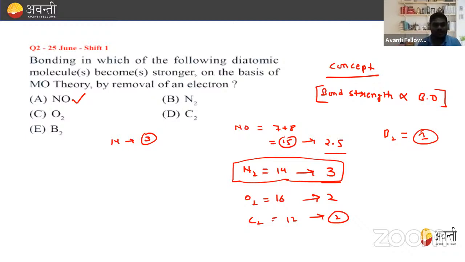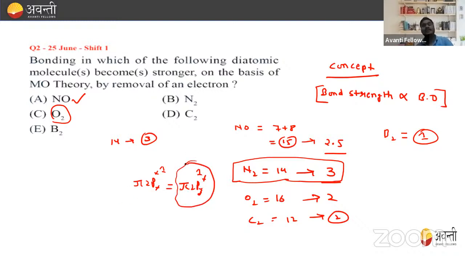Now NO and O2 have a valence electron in the pi star orbital. In O2, there is one electron in pi 2px star and one in pi 2py star. By removing an electron, the number of electrons in antibonding decreases, hence stability increases. So out of these 5 options, which diatomic molecule is more stable by removal of an electron?